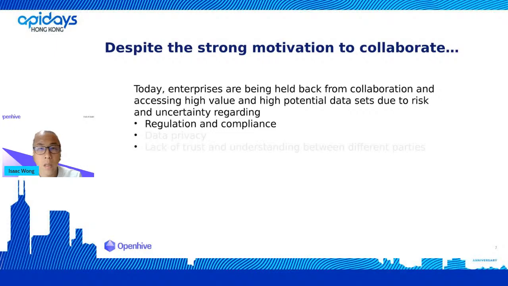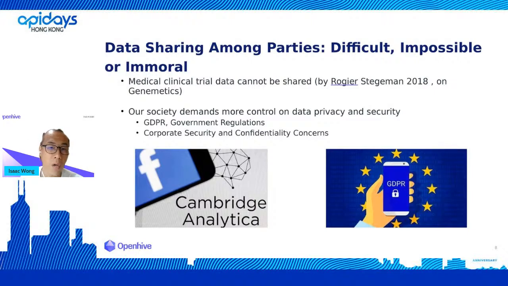However, despite that we have a strong motivation to collaborate, there are many valid concerns for such collaboration. For example, from the perspective of regulation and compliance, we all know that medical clinical trial data cannot be shared. And then we are also seeing rising concerns or demands of control from the public or society over data privacy and security.